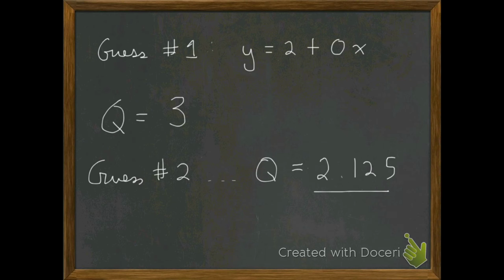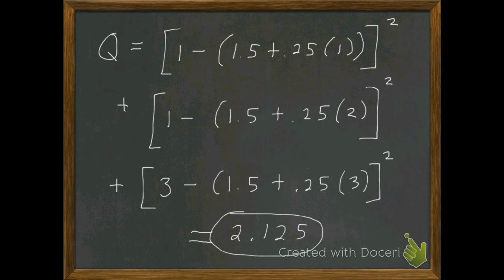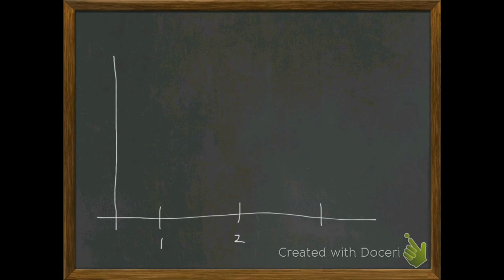Now, guys, you know, guessing like this, guess number 1, guess number 2 is perfectly good for experimentation, inquiry, investigation. But what we want to do here is we want to create some theory. So let's do that. So again, going back to our original data set, we have points 1, 1, 2, 1, and 3, 3.